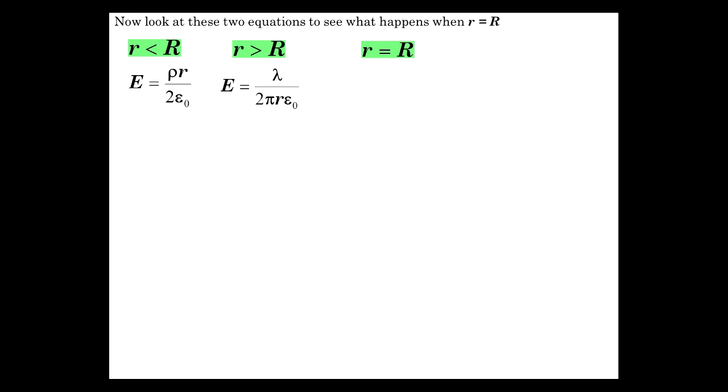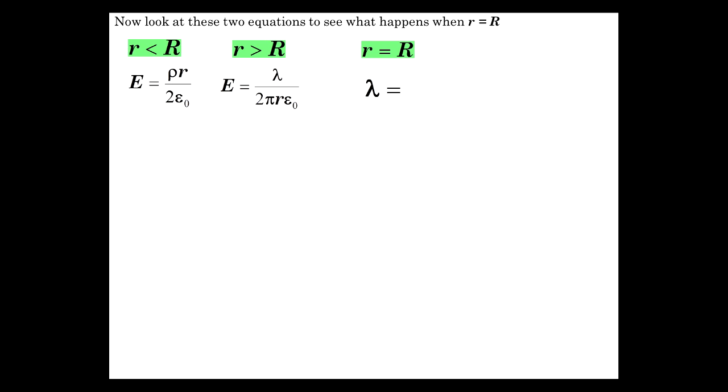Okay, now it's interesting to recognize that the two expressions for the inner and outer electric field have to come together when little r is equal to big R, because that's the transition point. So for r less than R, we have the electric field rho r over 2 epsilon 0. For r greater than big R, we have that proportional to the linear charge density over 2 pi epsilon 0 r. So when r is equal to R, let's see how they come together.